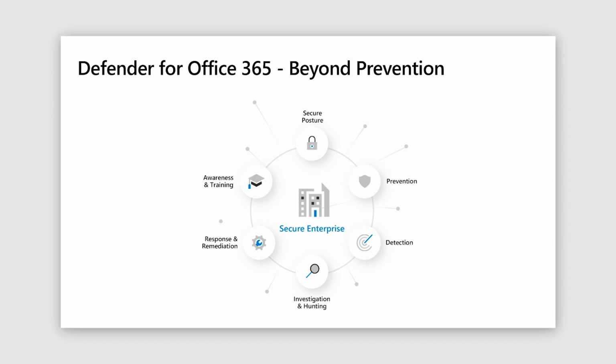So prevention is kind of the heart and soul of this product still. What we want to do is block as much malicious content as possible from getting into the inbox in order to amplify the impact of your security team and your existing security investments. So the more that we're able to block at the edge, it means fewer investigations for your security team.